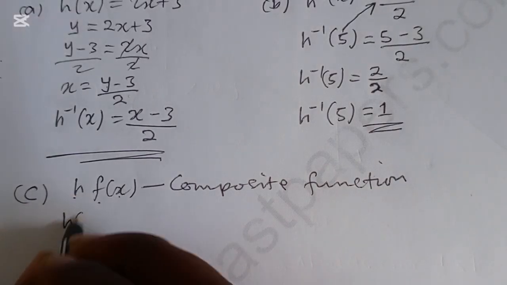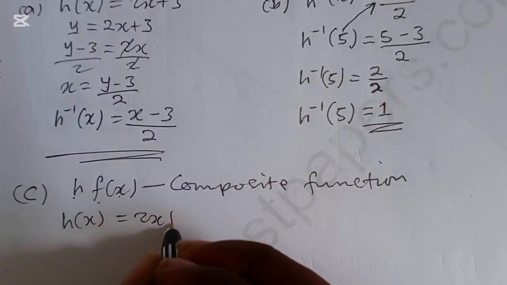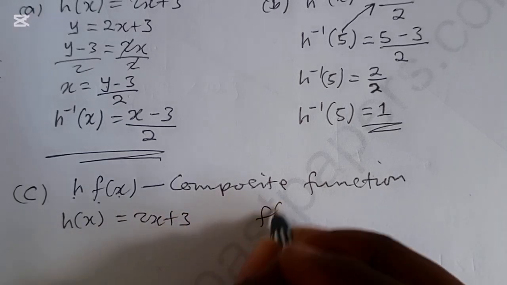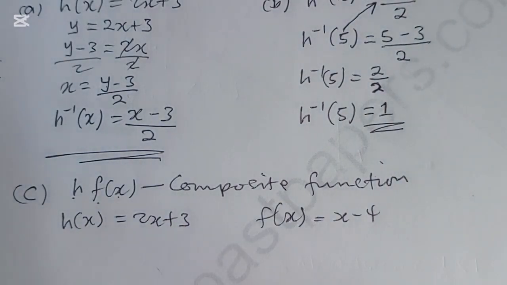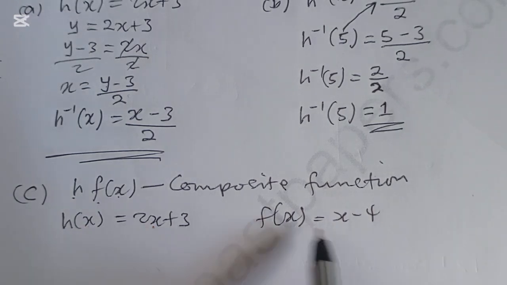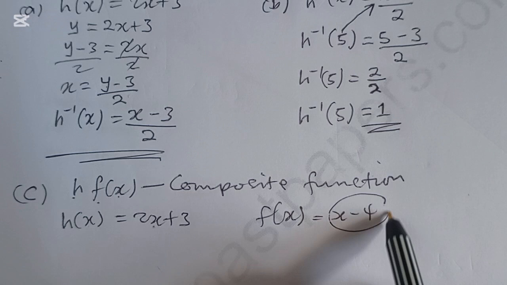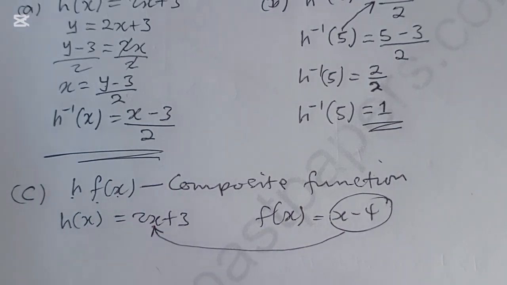So h of x is equal to 2x plus 3 and f of x is equal to x minus 4. So this means that where there is x here in h, we are going to substitute the f function. So the f function has been swallowed by the h function.